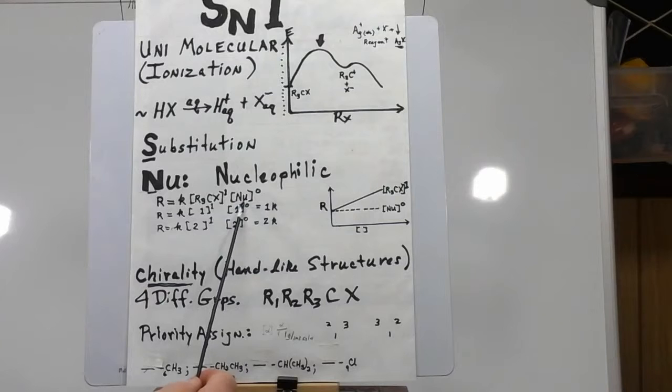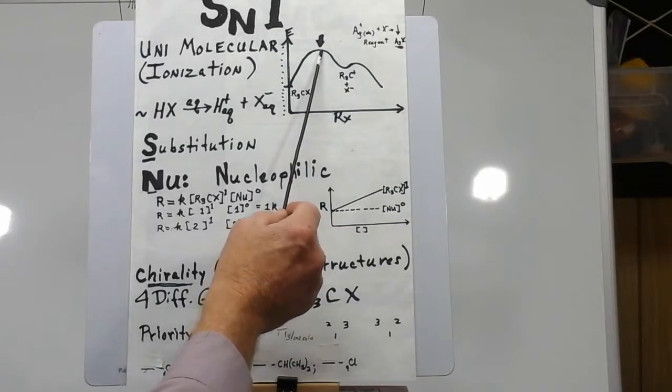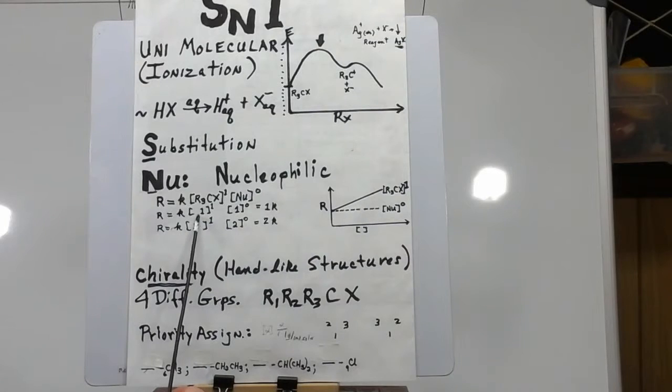The nucleophile concentration, whatever it is, is to a zero order, so you get 1. So no matter what happens with this, beyond a certain level, it's not going to affect the rate because it's after the transition state. So if I put 1, whatever the concentration wants to be, we'll make it 1. We'll make this one 1. We get the rate is going to be 1 times the rate constant, 1K.